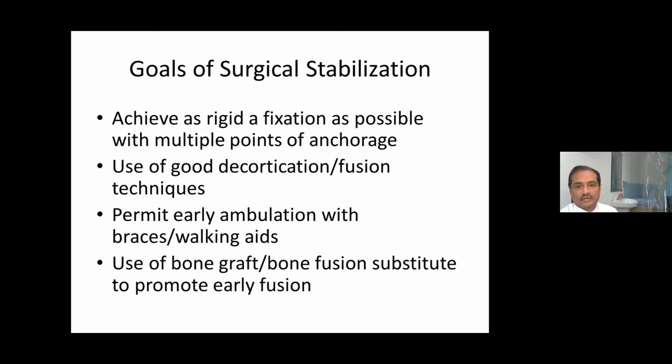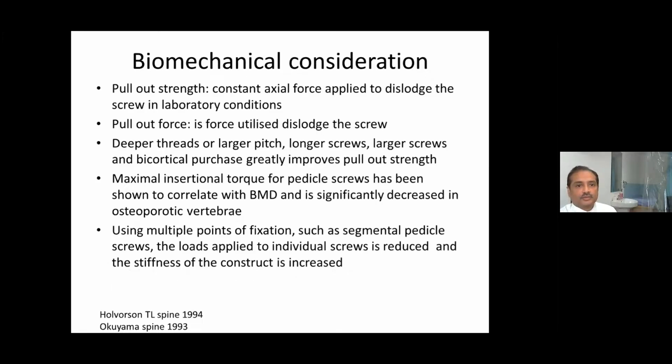Early ambulation is the only way to treat osteoporosis. In select patients, you may require good bone substitutes or even bone morphogenetic protein (BMP) to promote early fusion. There are several biomechanical considerations which you have to understand before you plan for these patients.